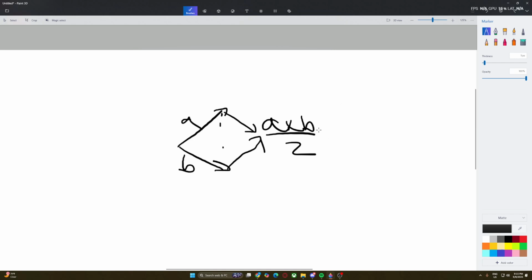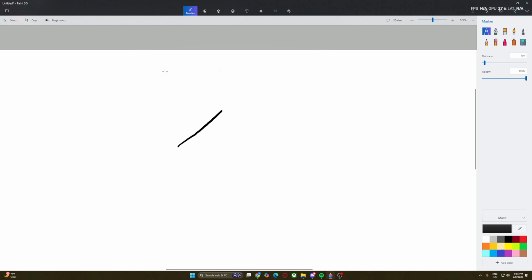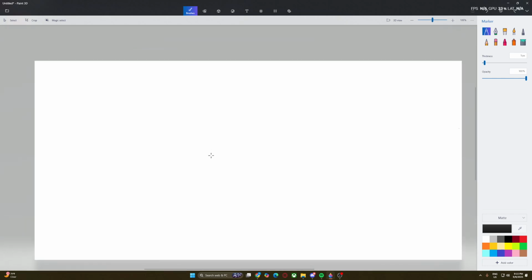See that? Anyways, now let's extend that logic further into a 3D parallelogram. In order for there to be a 3D parallelogram, there must be 3 vectors.